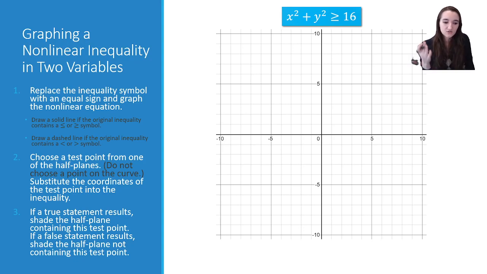So here I have x squared plus y squared is greater than or equal to 16. So how do I graph x squared plus y squared equals 16? And this is again something I briefly touched on in the previous chapter, where if you're rusty on how to graph a circle, I'm not heavily going to go over this, but I will very briefly talk about the circle equation here.